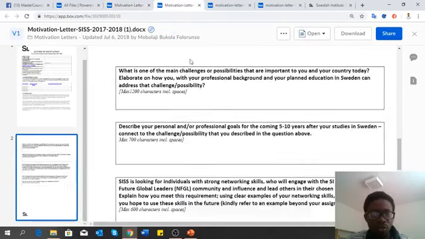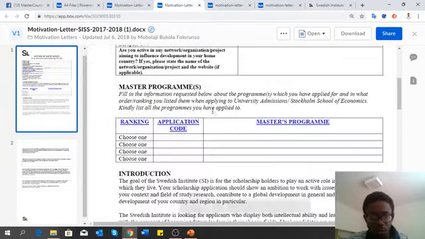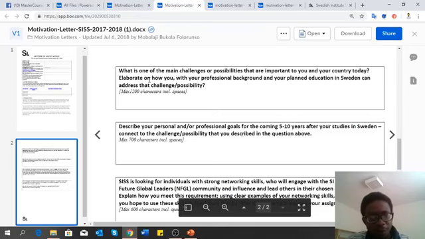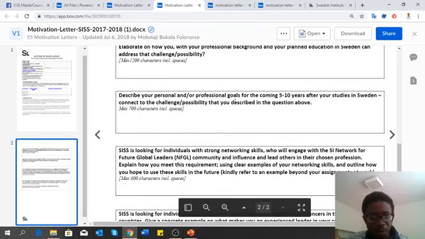Now let's go to the next one, 2017-2018, which was when I applied. The first question says, what is one of the major challenges? This is just like the 2016 question. The second one says, describe your personal or professional goals for the coming 5 to 10 years.